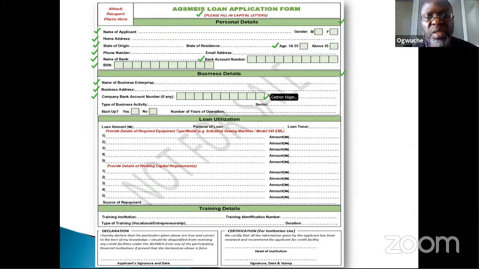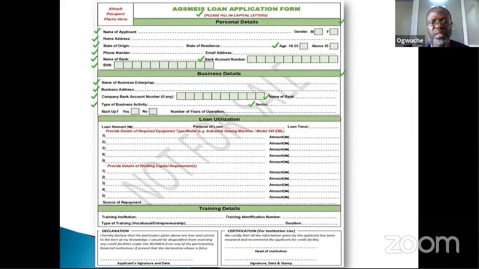Type of business activity, we have already looked at this earlier, where we listed things like poultry, fishery, tailoring, carpentry, catering, organic cream making. All these are business activities. And then, of course, the sector, we looked at sectors like agriculture, fashion and design.